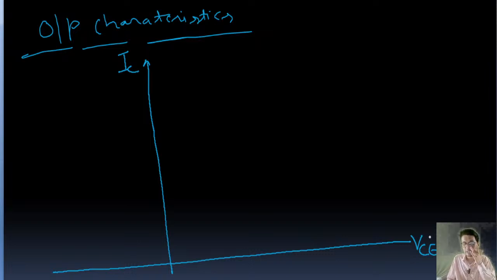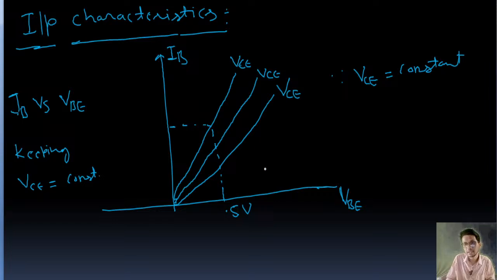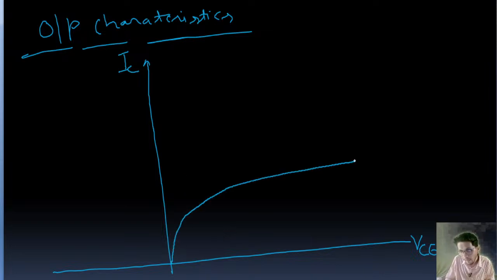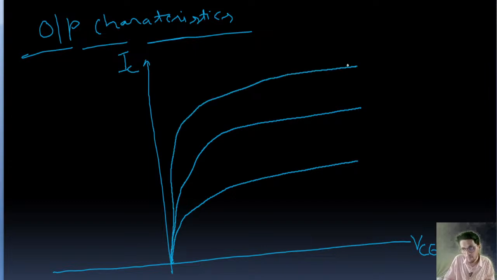Now this is IC versus VCE. Here I'll make a diagram. So this is going to be like this. This is the graph.